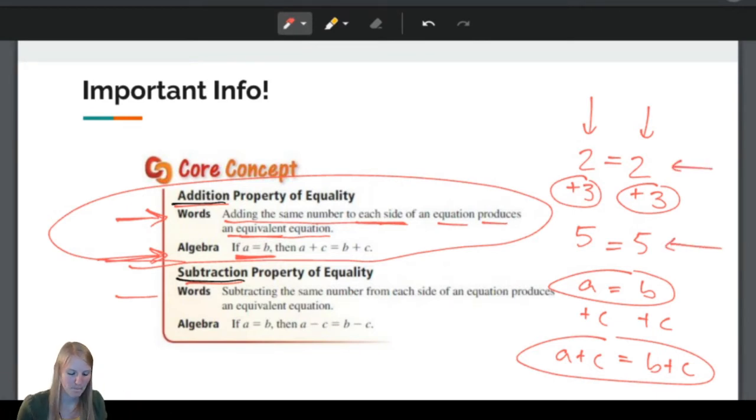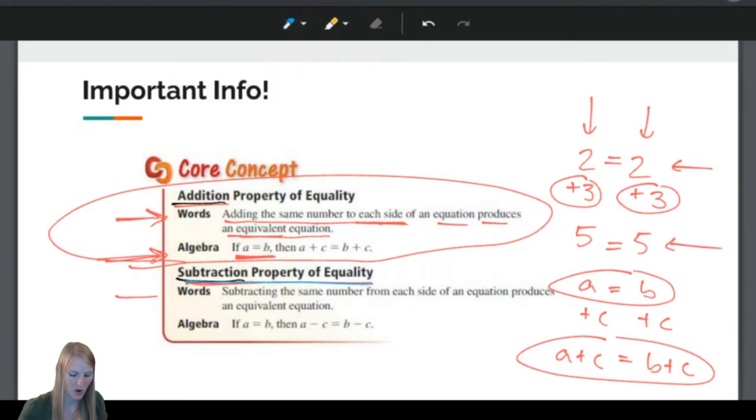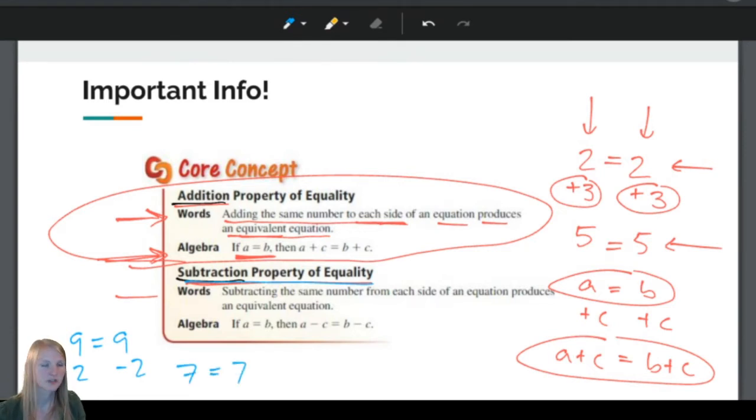Still the same. The subtraction property of equality, let's change colors now. The subtraction property of equality says the same thing, except now we're talking about subtracting. So if I have 9 equals 9, and I subtract 2 from both sides, now I have 7 equals 7.